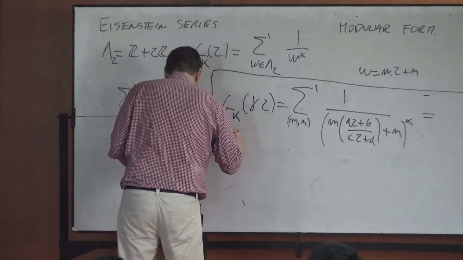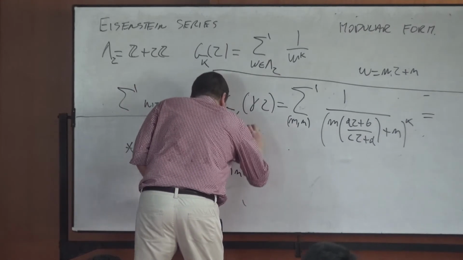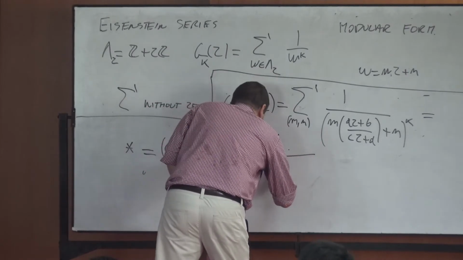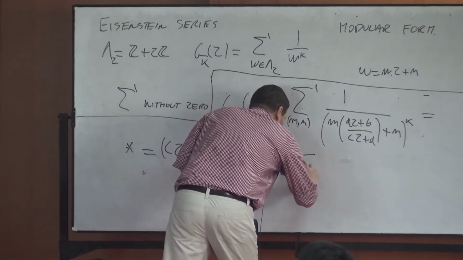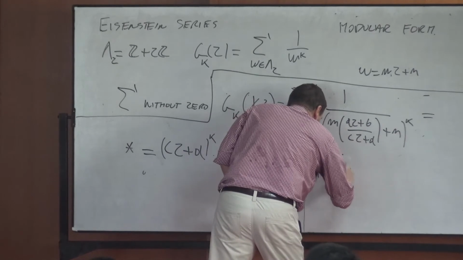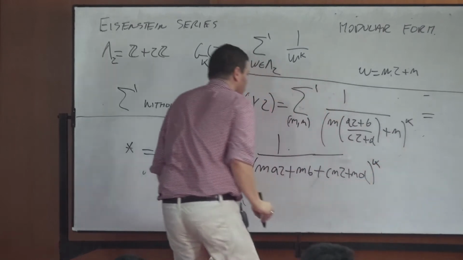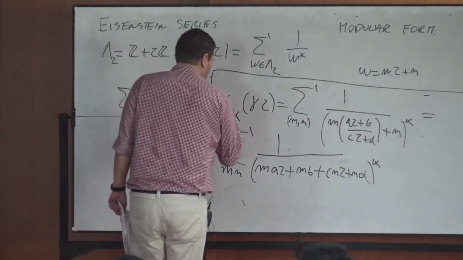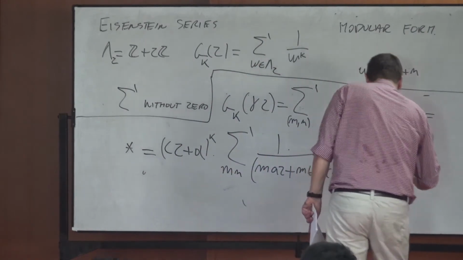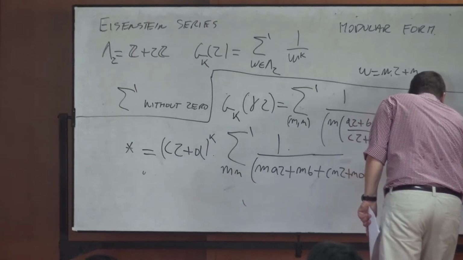And then I get the summation over m and n prime of 1 over m a tau plus m b plus c n tau plus n d to the k. And this is equal to (c tau plus d) to the k times the summation.